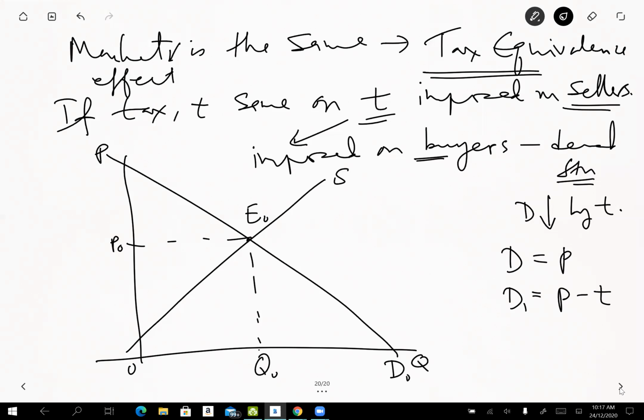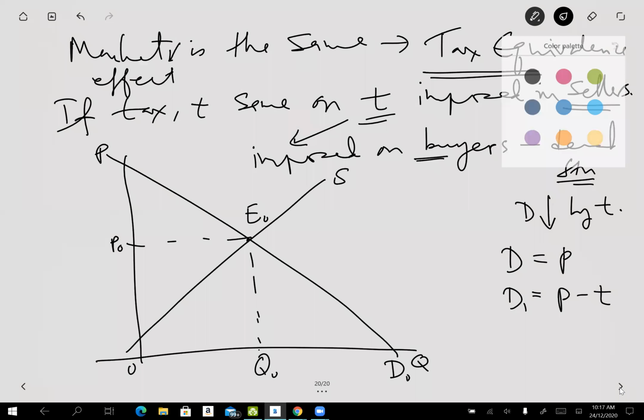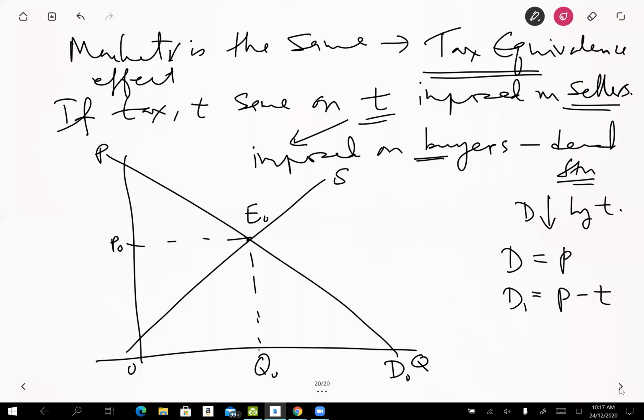Or if you use marginal benefit, that will be marginal benefit minus T. So that will cause our demand function to go downward to D1. So that is the T.